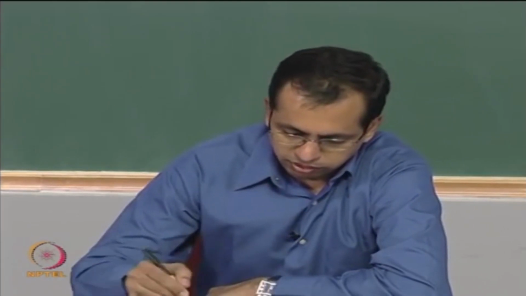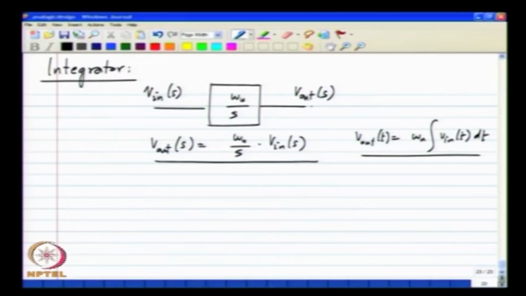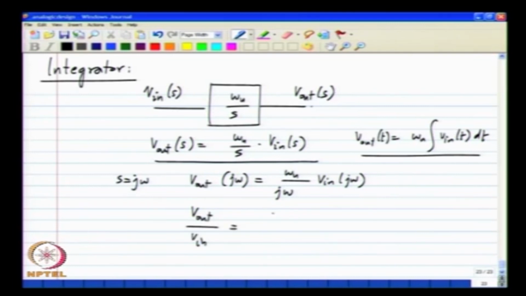So, for sinusoidal steady state, what we need to do is to simply substitute S equals j omega, and this gives us V out of j omega to be omega u divided by j omega times V in of j omega, or the transfer function V out by V in is given by omega u divided by j omega. So, we will just draw the Bode plot of this and see how it behaves.